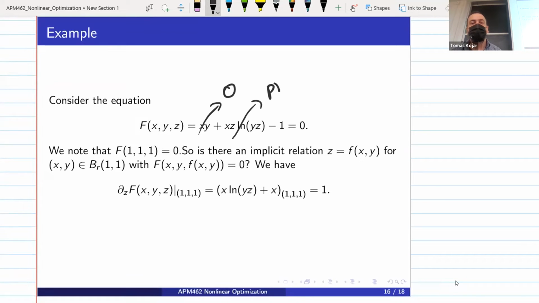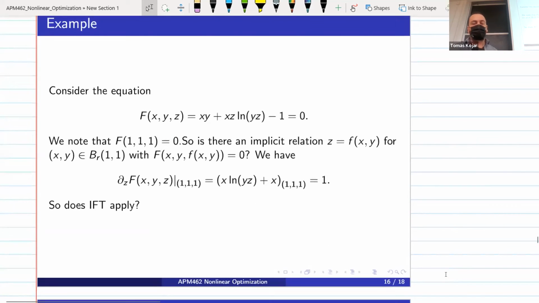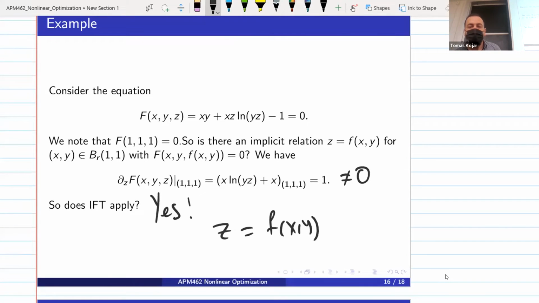And then this guy, you do the product rule. And this guy is 0. So you're left with this, right? And then you just plug in (1, 1, 1), which is not 0. So you have invertibility. So IFT applies, because this is not 0. So it means that locally you can describe your function around (1, 1, 1).